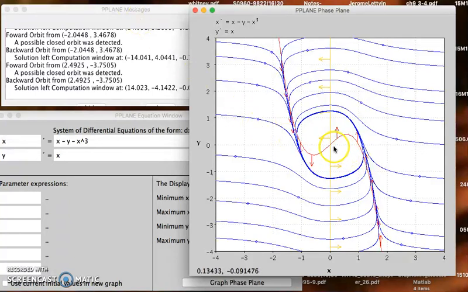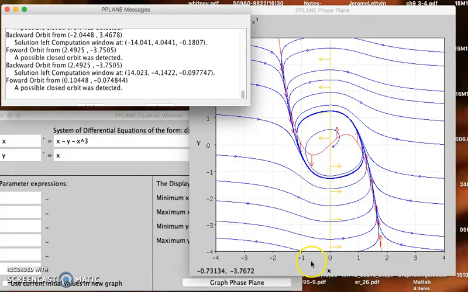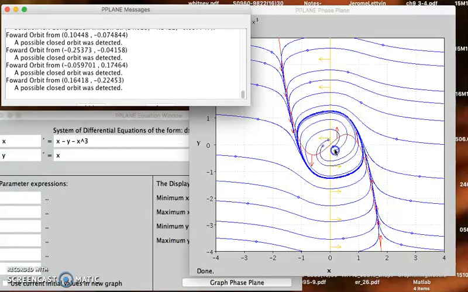And now I'm going to click on an initial condition that's relatively close to the steady state at the origin. And what you can see is that the solution spirals out and eventually sort of asymptotically approaches the limit cycle solution that we had already seen. I'll do that in several different locations.